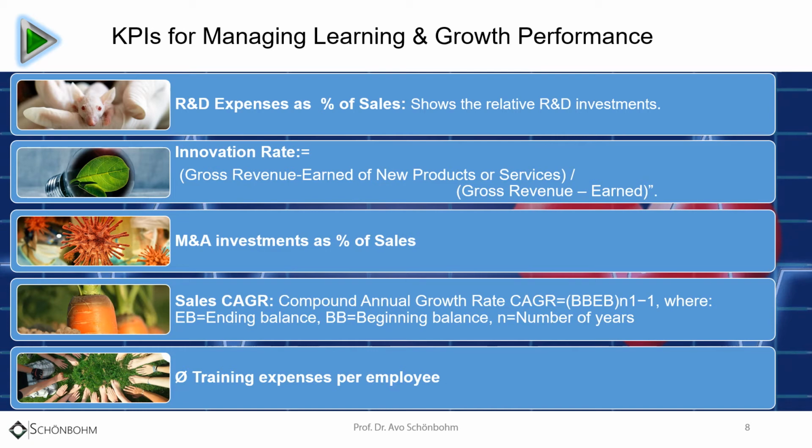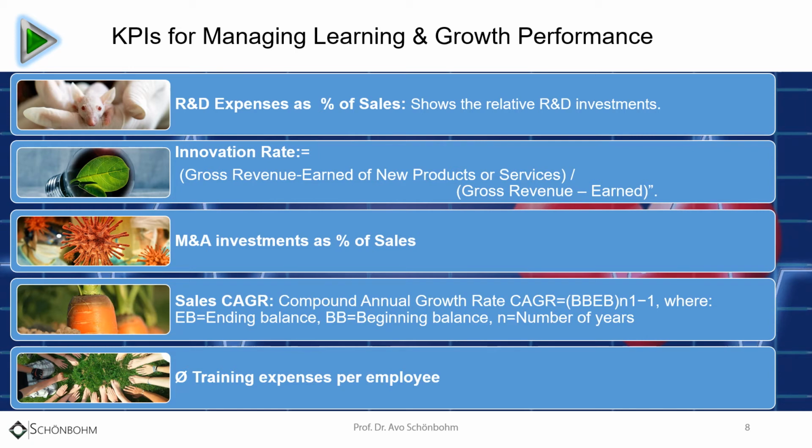So it tries to show us what are the new products and what is the importance of new products for our total sales. How young is our product portfolio? And of course, it should be the result of effective R&D.